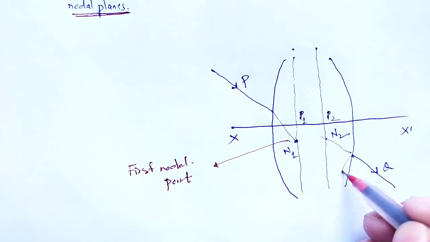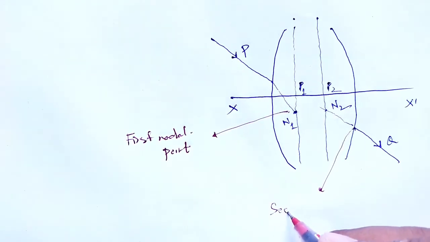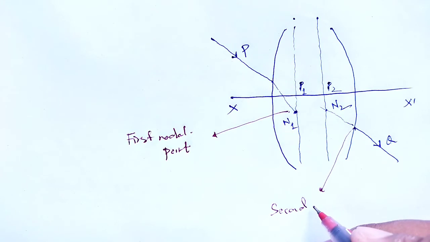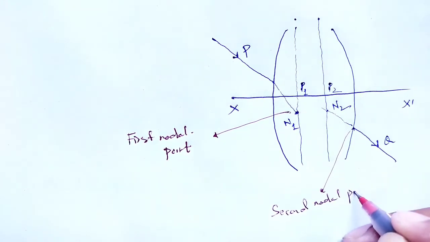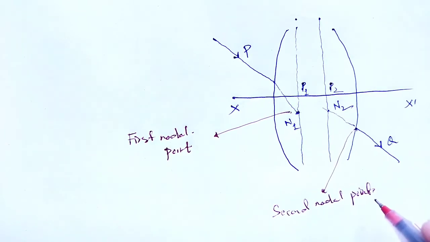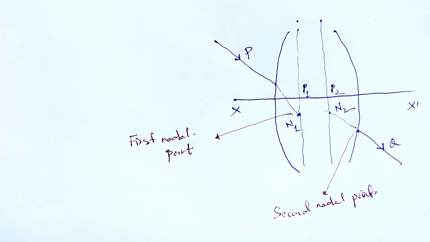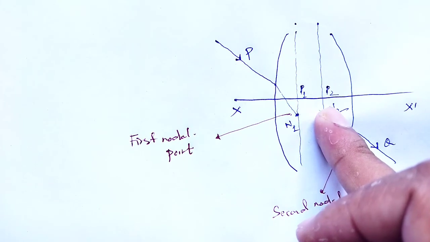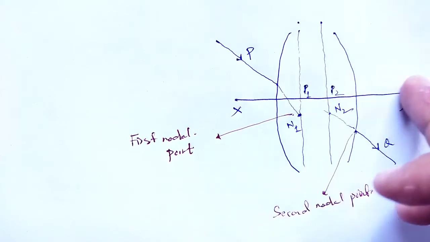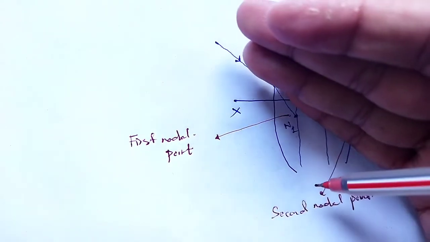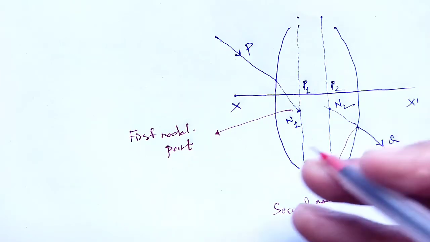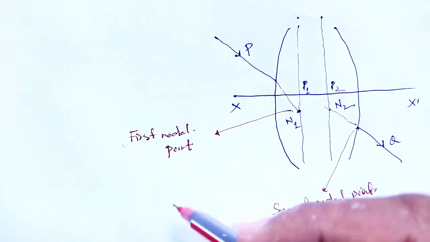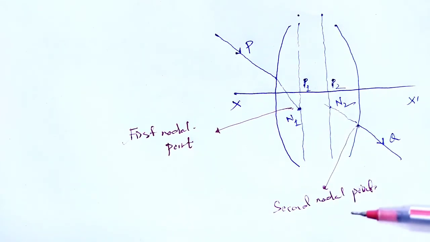Here that point is the second nodal point, and the plane passing through N2 and perpendicular to the principal axis is known as the second nodal plane. Similarly, first nodal point, first nodal plane, second nodal point and second nodal plane.